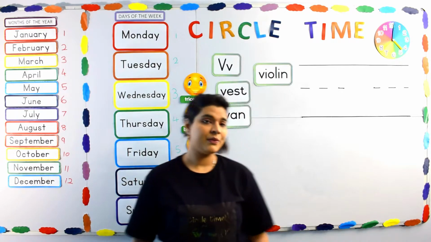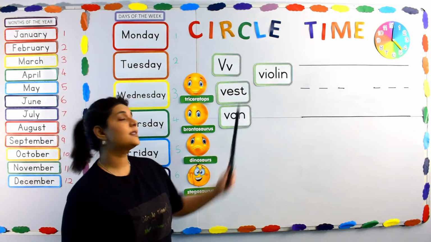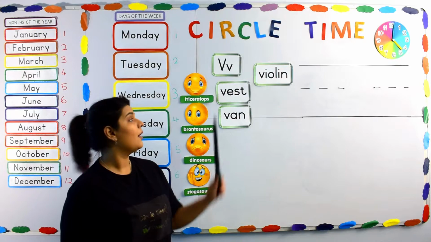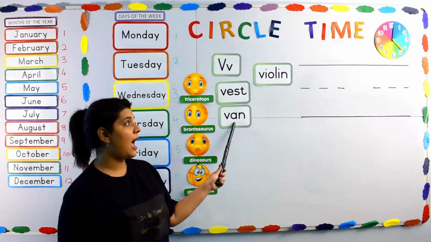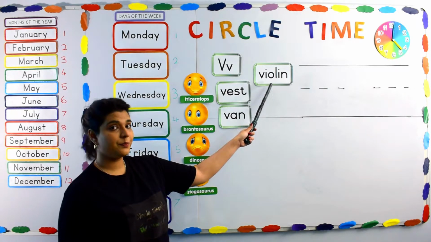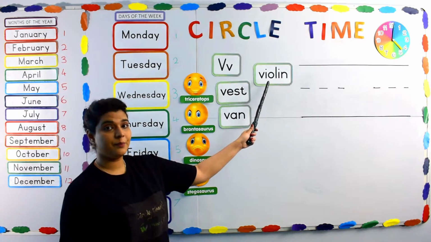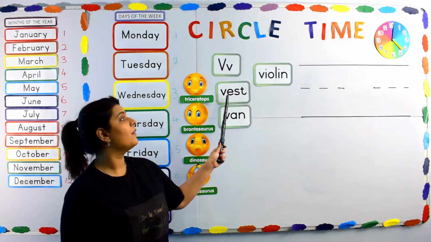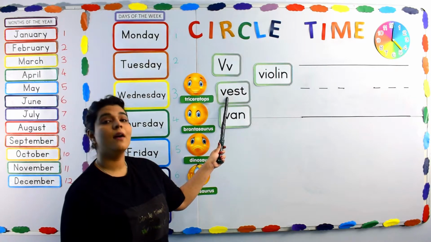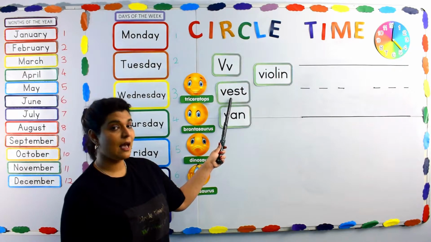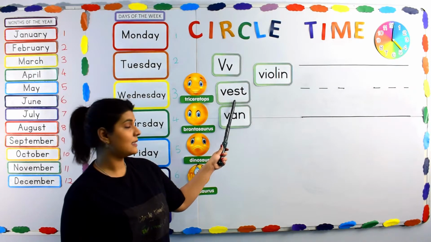Like this. Here are 3 words that start with the letter V. Vest, van, violin. V, vest.